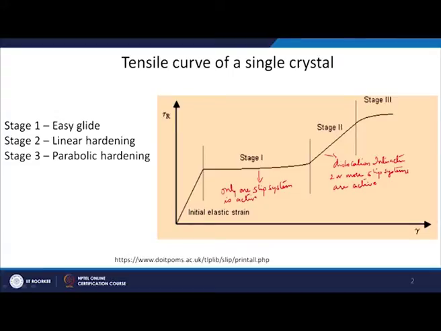And of course, later on, when you have a kind of saturation, that is, how much strain a material can take, you will start seeing a decrease in the rate of hardening, and it is almost becoming a non-linear, parabolic kind of curve. So, that is stage 3 hardening in a single crystal.